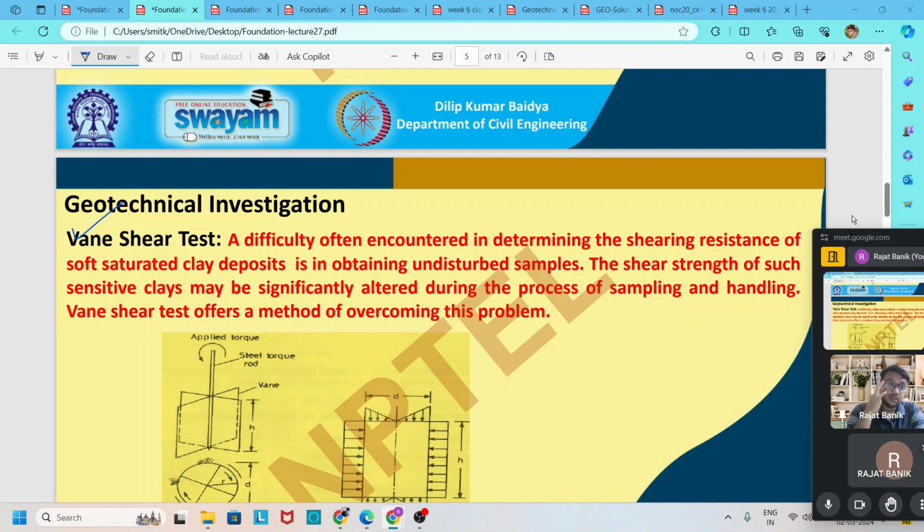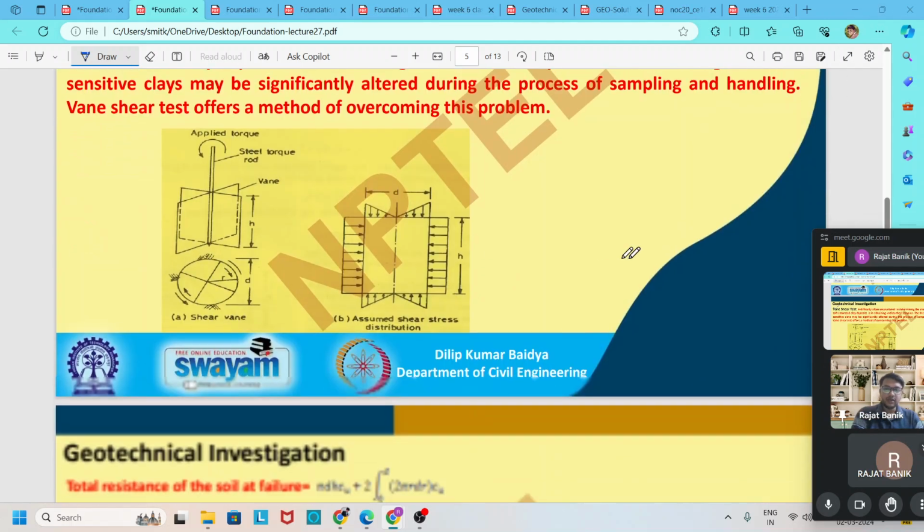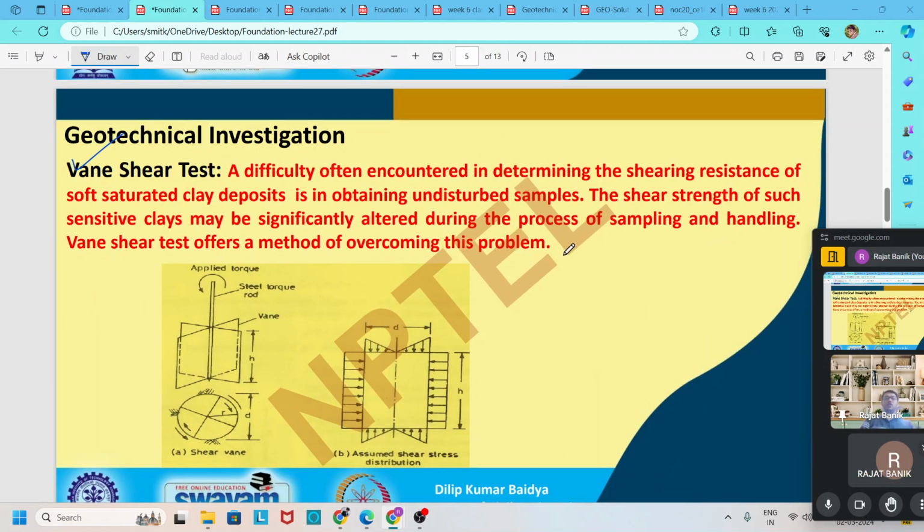The shear strength of such sensitive clays may be significantly altered during the process of sampling and handling. Then the vane test offers a method of overcoming this problem. So by the vane test, we easily find out the shear resistance, that is cohesion, for this sensitive or soft saturated clay.